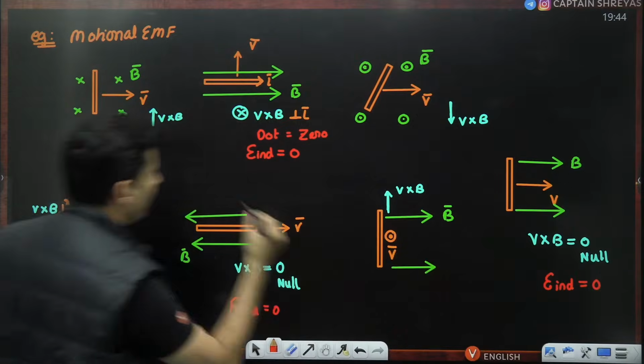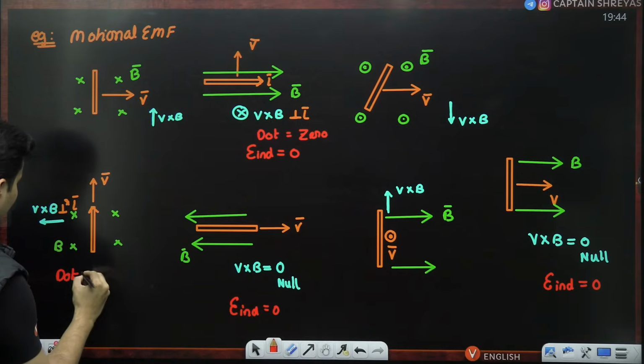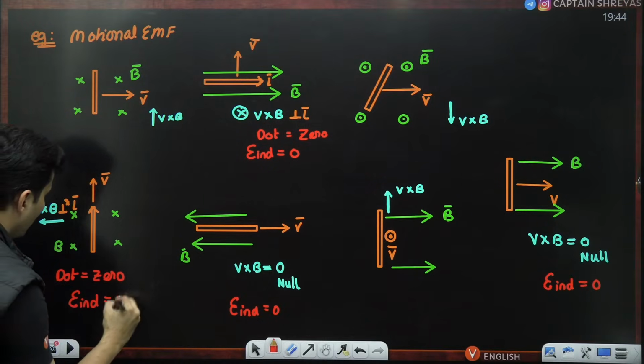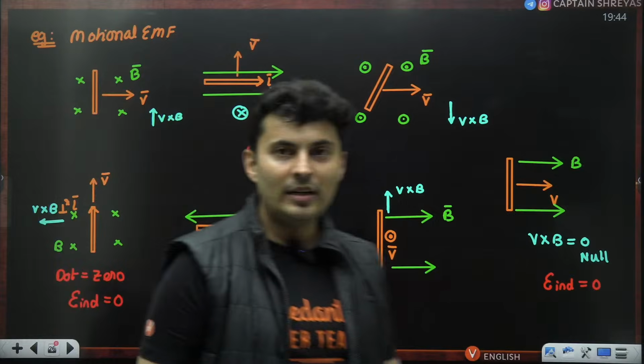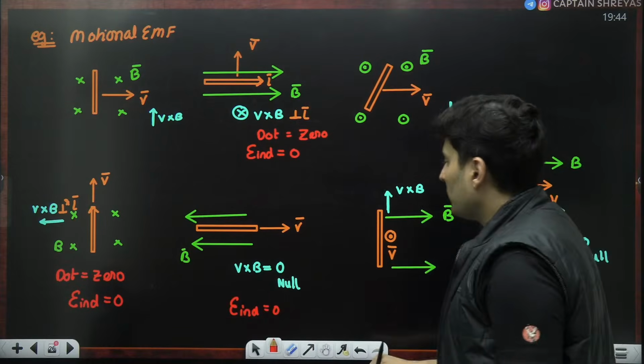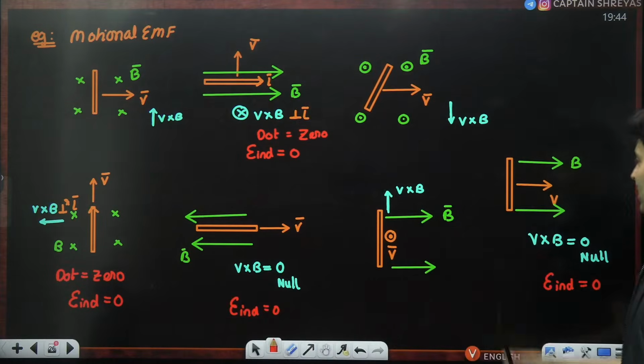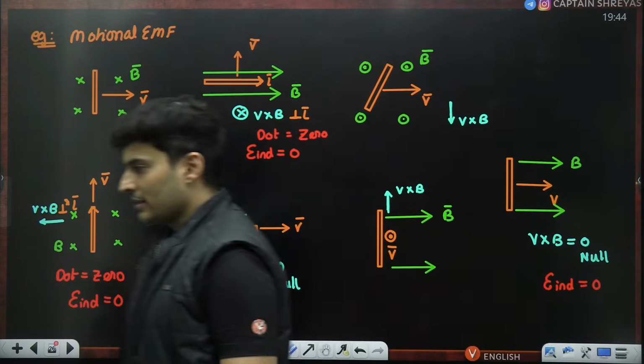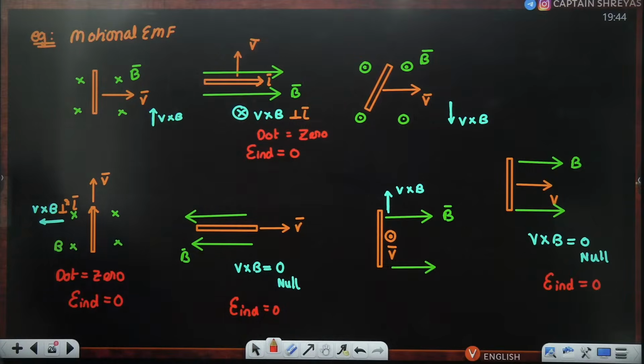Hence, again, the dot product will be a big fat 0. Hence, the induced EMF is also going to be 0. No induced EMF at all. Now, the only places where there is EMF is probably this, and this. Nothing else. No other places there is induced EMF.